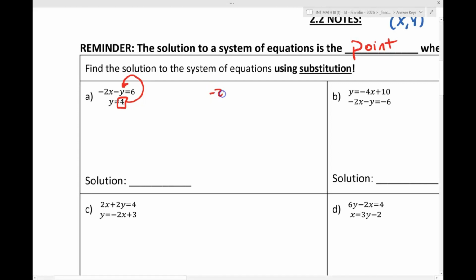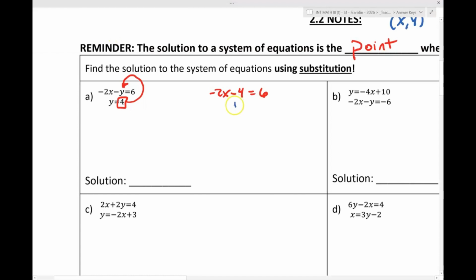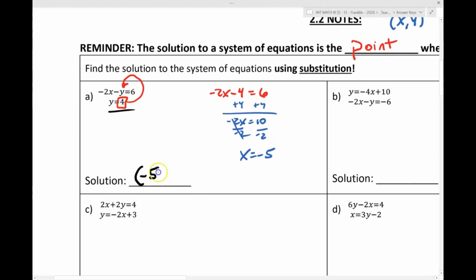So negative 2x minus, but instead of y, I'm going to put 4 equals 6. And now we just have a two-step equation. So plus 4, divided by negative 2. And we know that x is negative 5. And since we already know what y is from the setup for the problem, we know the solution is negative 5, 4.